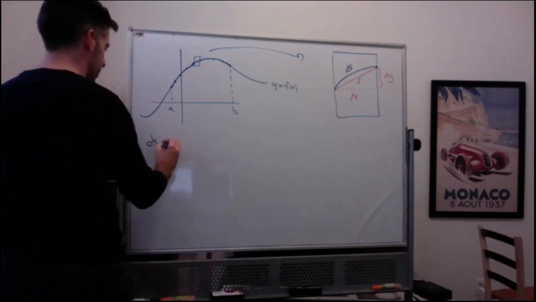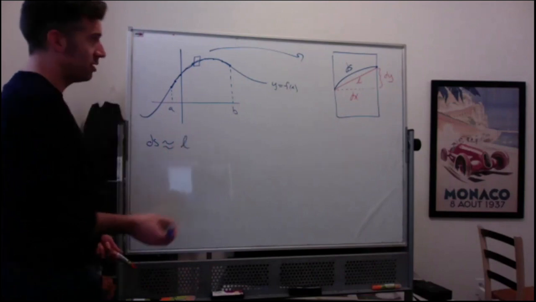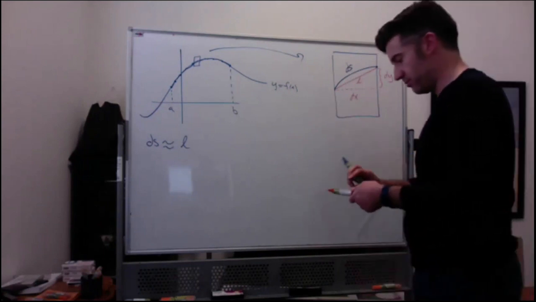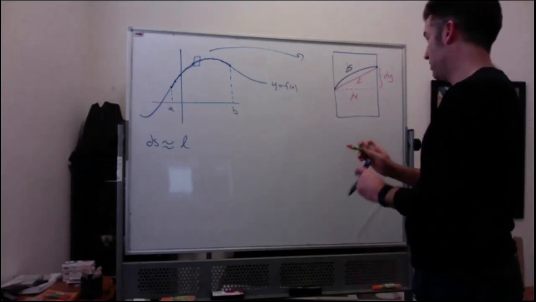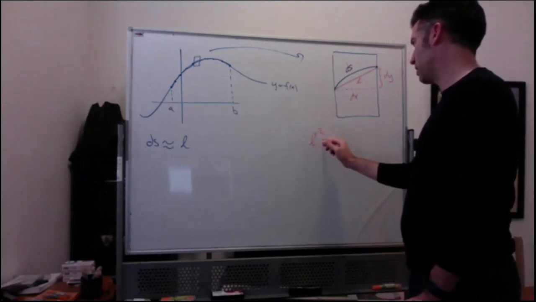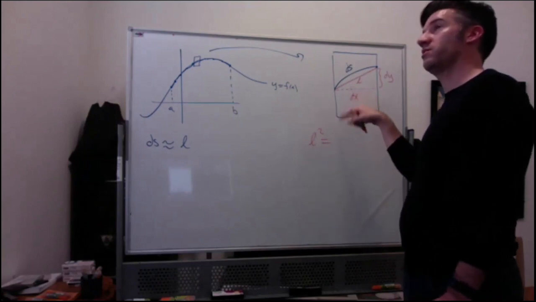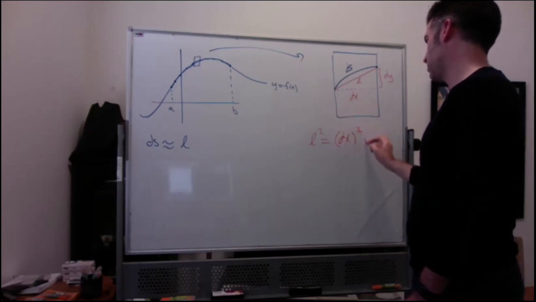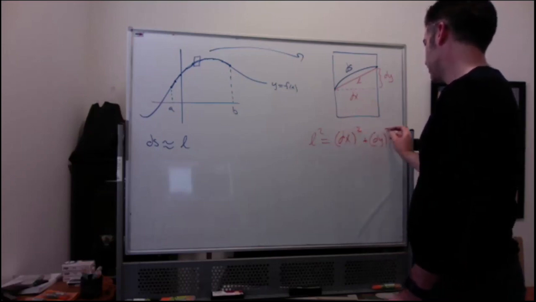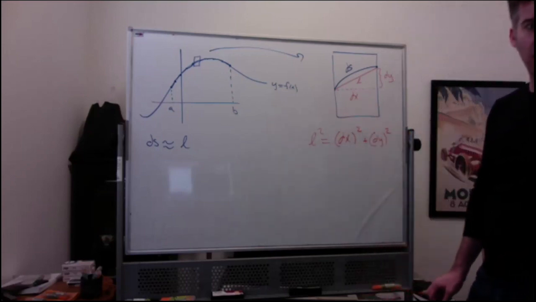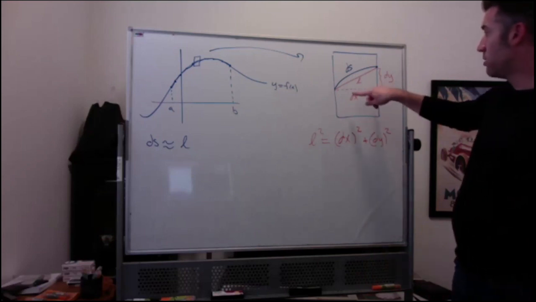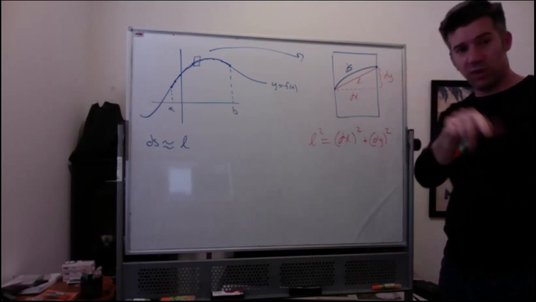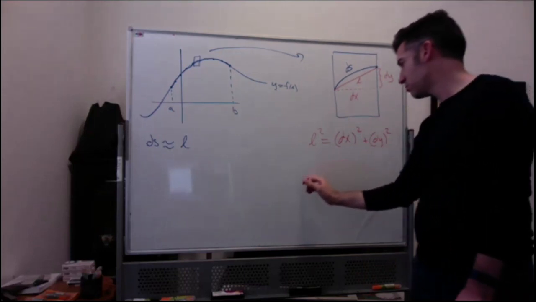It's approximately equal to L, where I can use the Pythagorean theorem to figure out what L is. So L squared is dx squared plus dy squared. I'm going to square root both sides, no big deal.